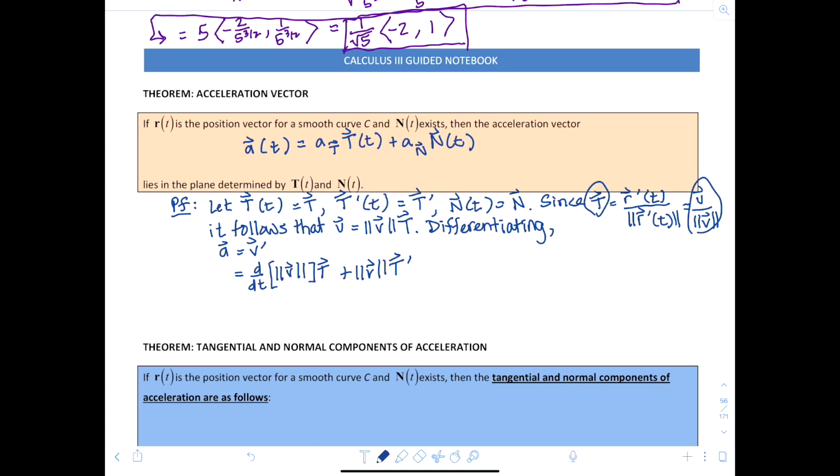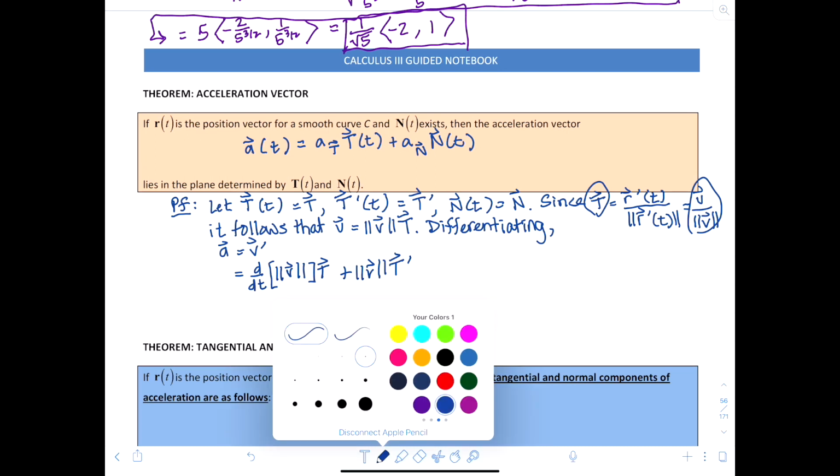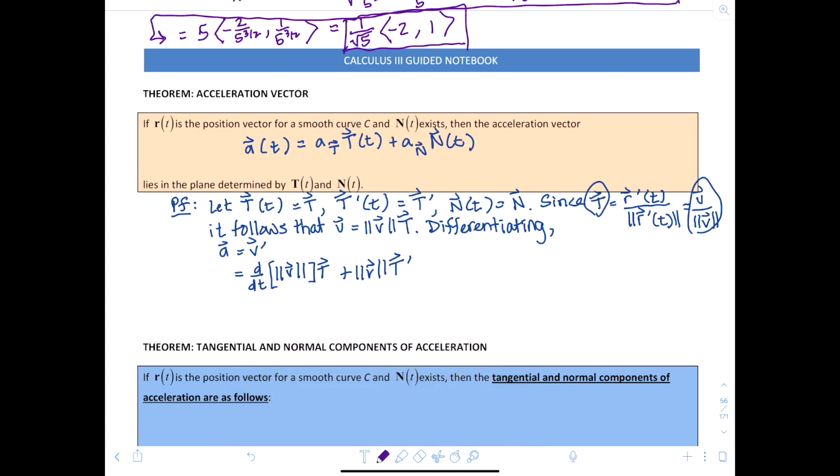Now, I'll do a little trick and multiply by the magnitude of T prime over the magnitude of T prime, that last term. Let's see what happens.